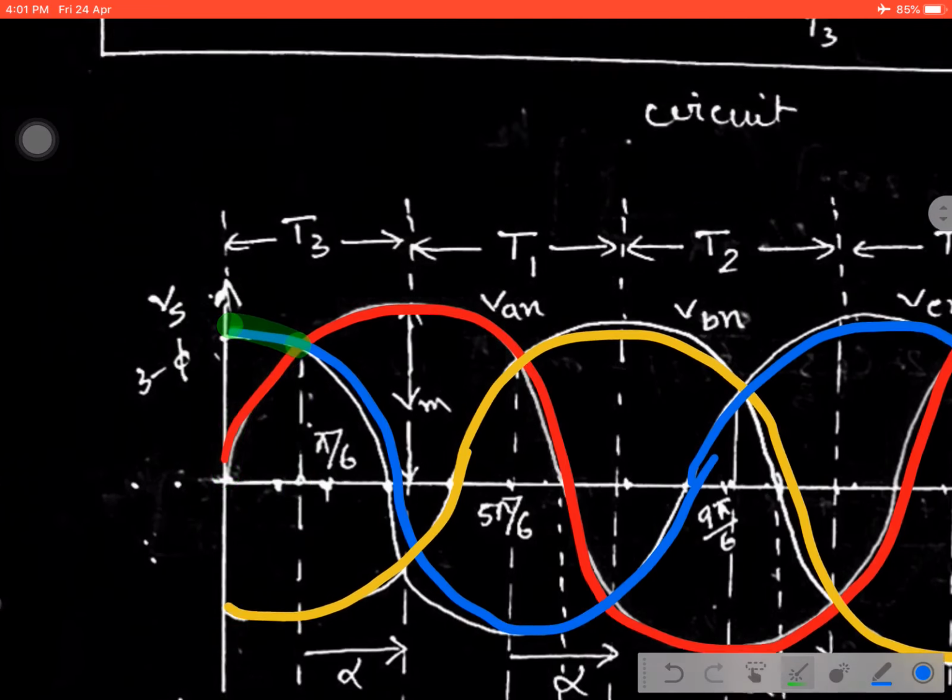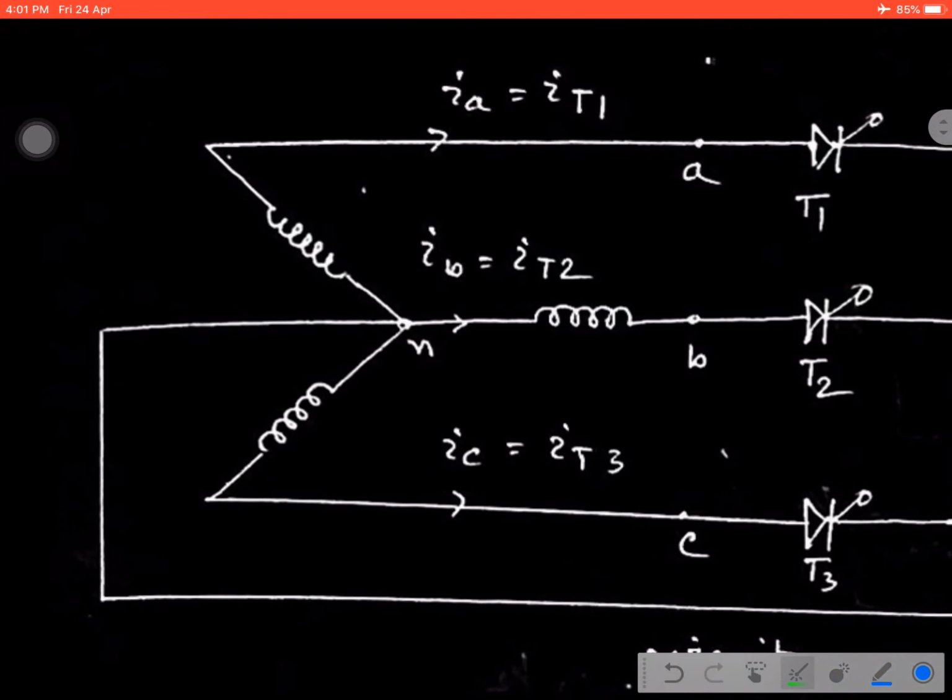Okay, that means it can also be reflected on the diagram. VAN is the voltage appearing across the thyristor T1, but from 0 to pi by 6, in all the cases VAN is always less than VCN.